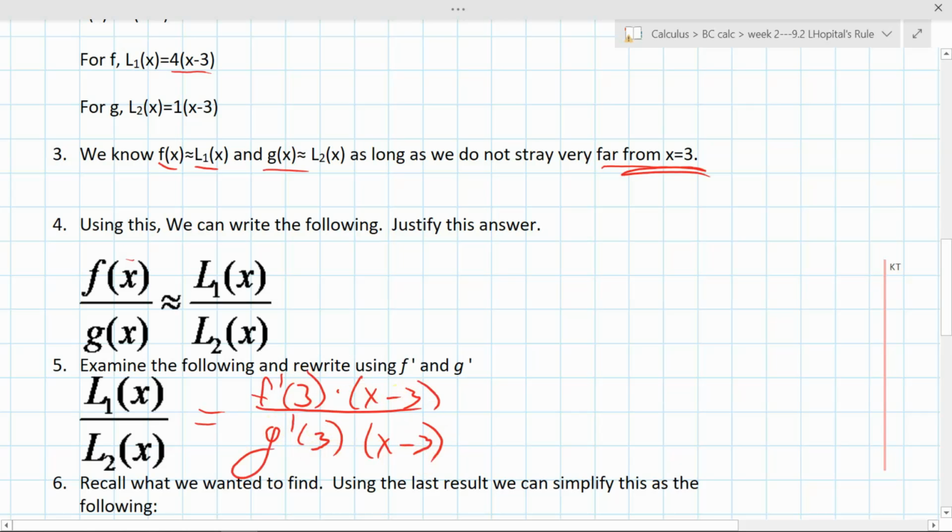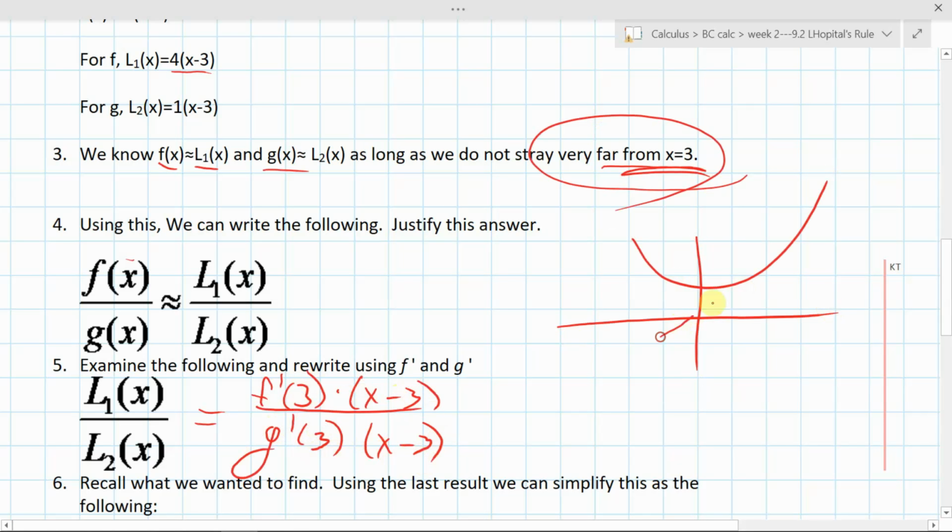Now, in terms of how far am I straying? Well, if I don't stray from 3 at all, shouldn't they be the same? Right? The linearization and the function agree at that moment. So yeah, they're different over here, but if I'm approaching the same value, and that's why in L'Hopital's rule we're going to see we're approaching the same value. Now look, isn't this really then the notion of that common factor?